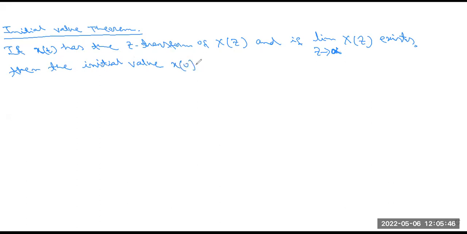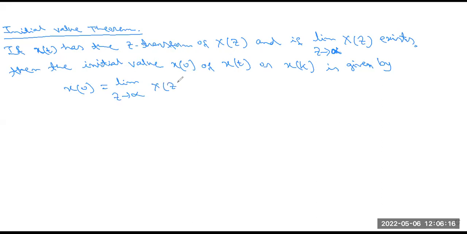that is x(0) of x(t), or sometimes it is also written x(k), is given by x(0) equal to the limit as z tends to infinity of X(z).